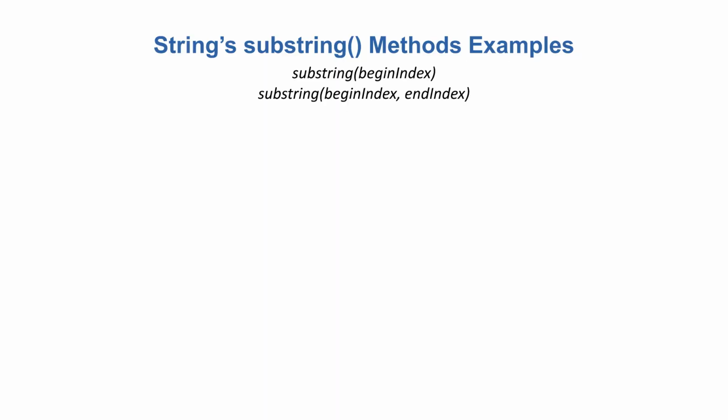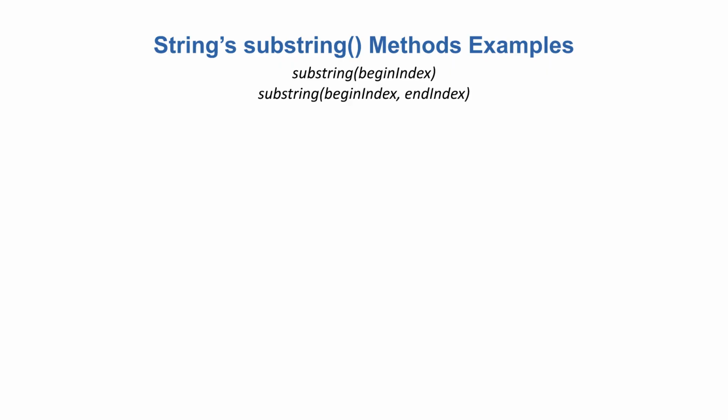You'll need to use 2 different versions of string's substring method in this lesson. Substring with 1 parameter and substring with 2 parameters. Substring(beginIndex) returns a string of the characters from begin index to the end of the string.